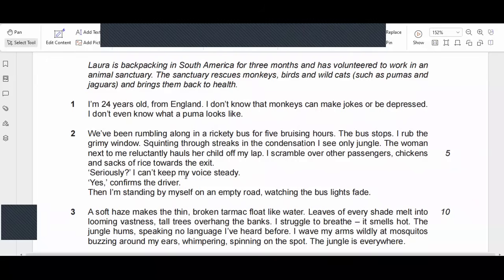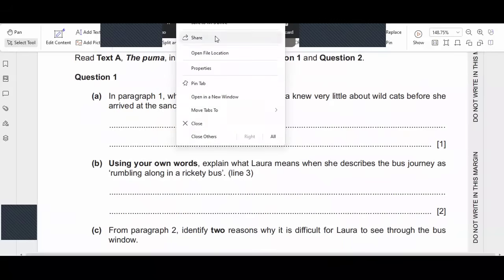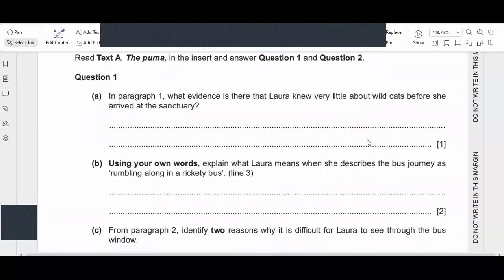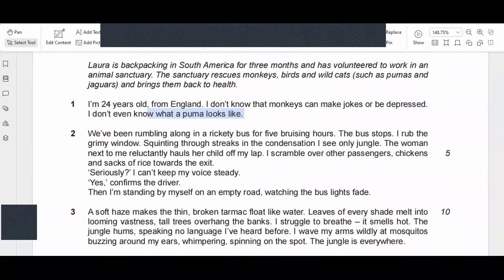So the ending of this paragraph, what a puma looks like, is a clue for the answer to question A. The question is: in paragraph number 1, what evidence is there that Laura knew very little about wildcats before she arrived at the sanctuary? Here, the narrator has explicitly mentioned, "I don't even know what a puma looks like."